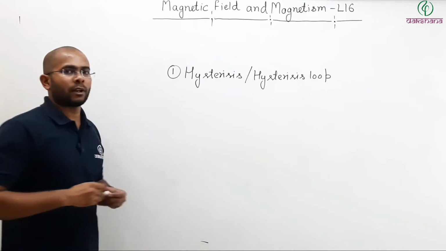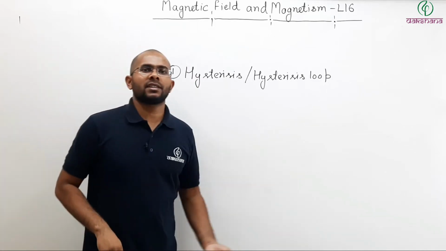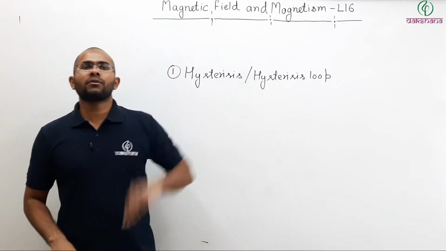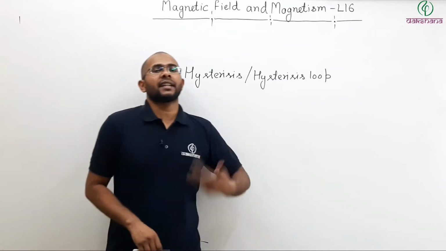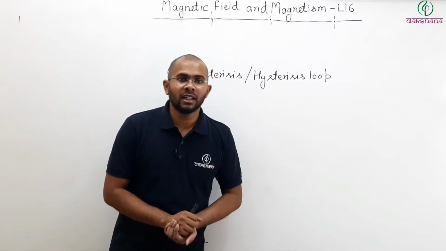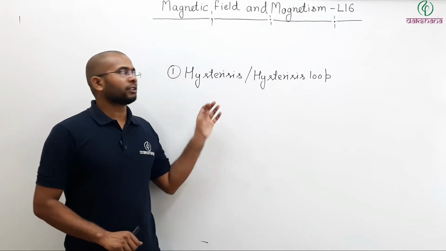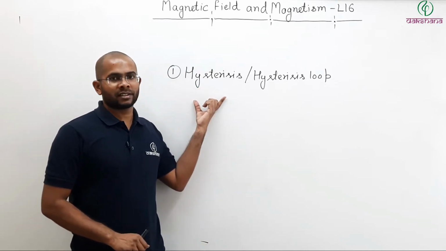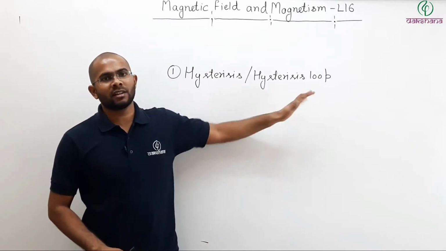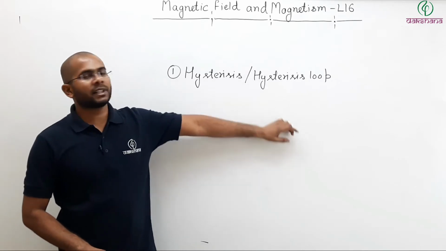When a ferromagnetic material is magnetized and we remove the external field which was magnetizing it, hysteresis occurs. So we will try to understand hysteresis through the hysteresis loop. Note it down, then we will discuss further.